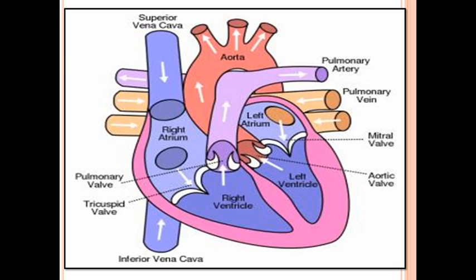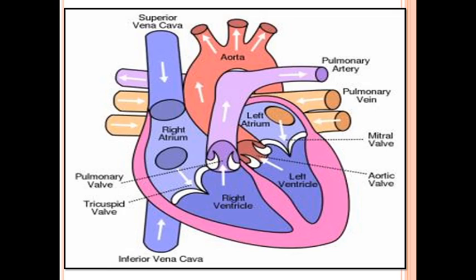Then the right ventricle pumps the blood to the lungs, where carbon dioxide is removed and oxygen is absorbed. Are you getting the points? Carbon dioxide-rich blood is received here, in the right atrium. Then the right atrium sends that blood to the right ventricle. The right ventricle pumps the blood to the lungs, where the removal of carbon dioxide and the absorption of oxygen takes place. Understood what is happening on the right side?